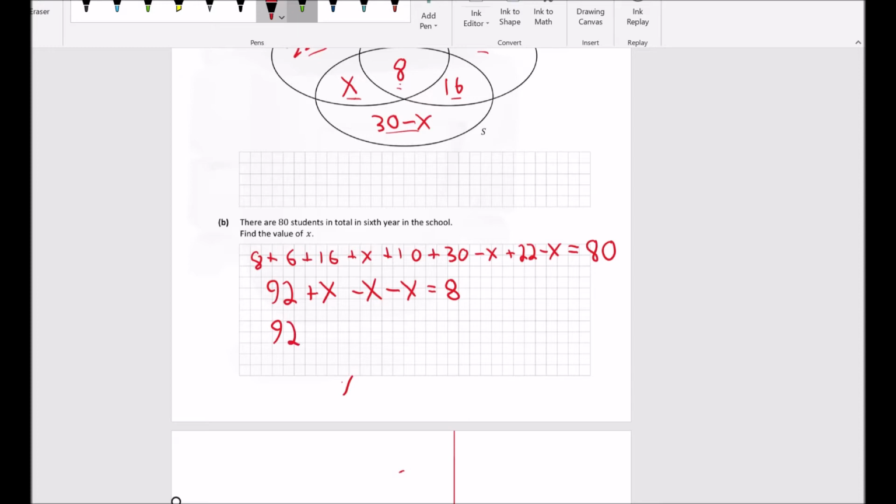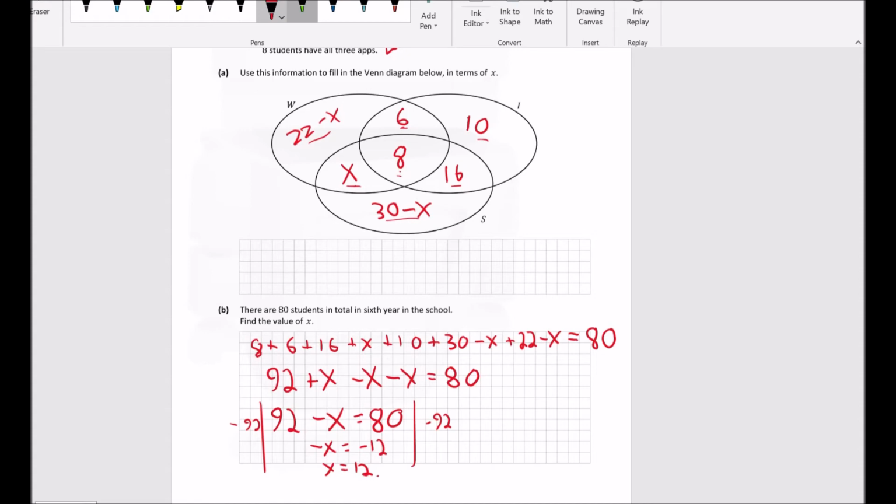So 92 minus X equals 80. So I will take 92 from here, I'll take 92 from here. I'll get minus X equals minus 12. So X must equal 12.